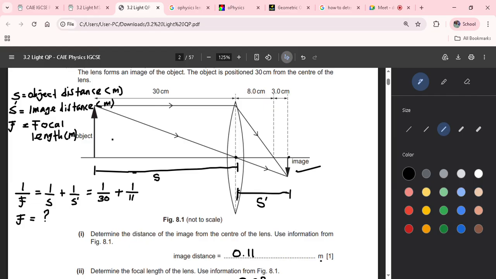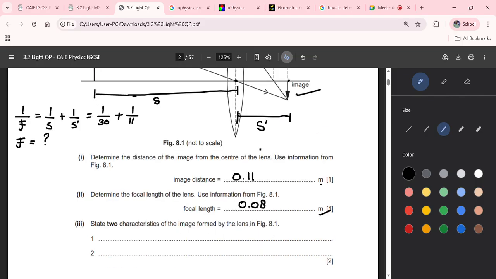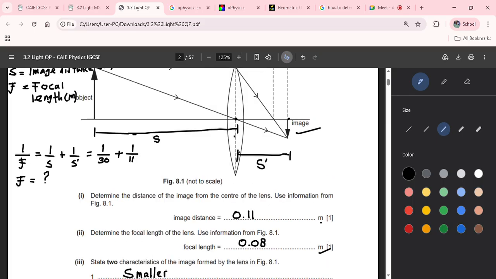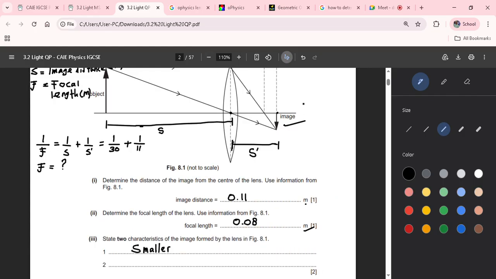That means that it's smaller, right? So the characteristic of the image formed by the lens is smaller. Smaller. What else? Any more besides smaller?